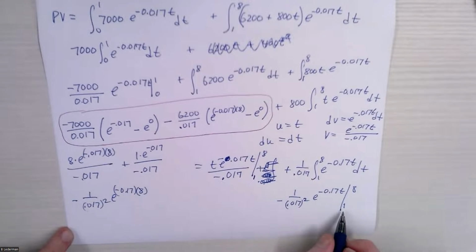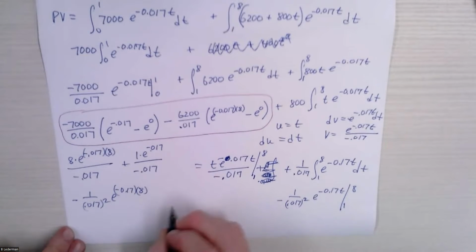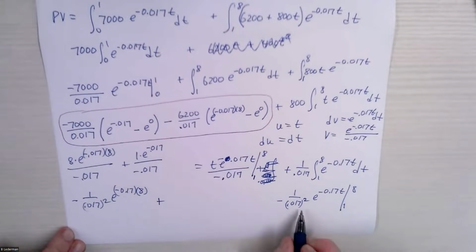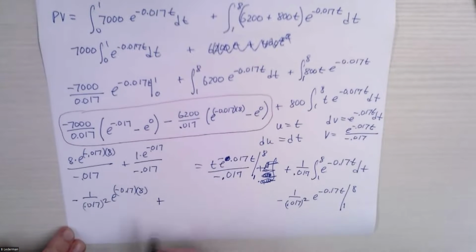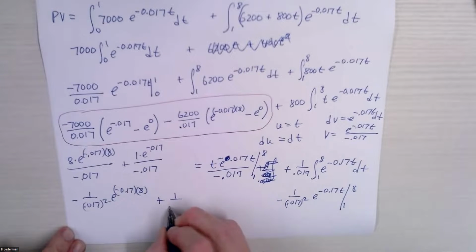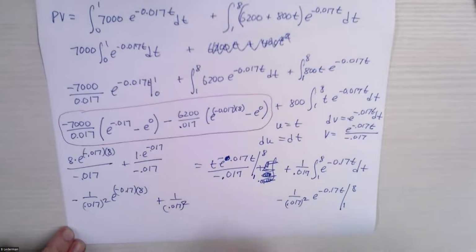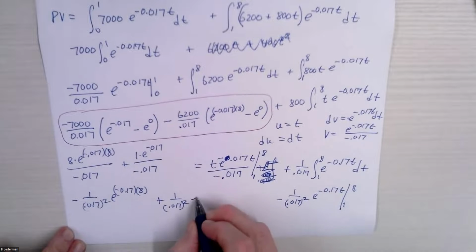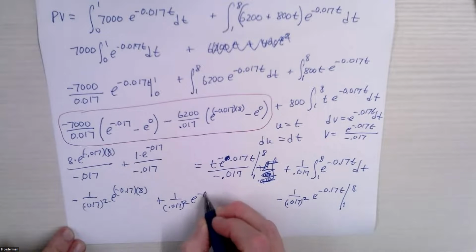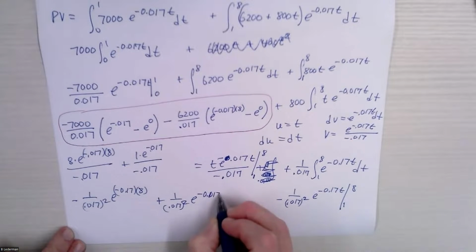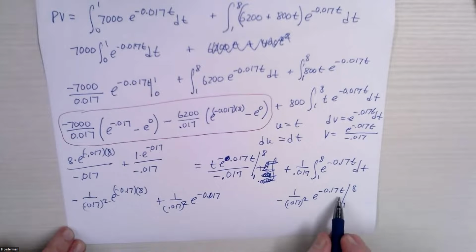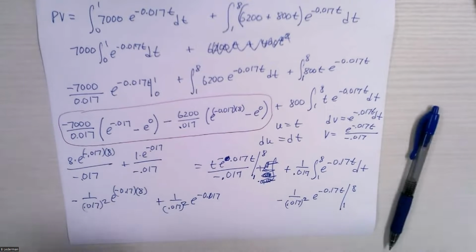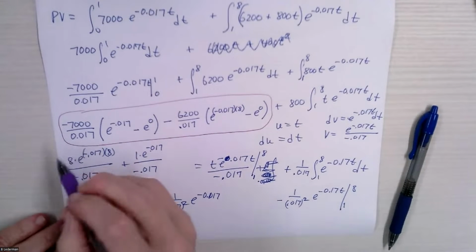And then minus, so it becomes plus, 1 over 0.017 squared times e to the negative 0.017 times 1. So this is what I'm adding on.